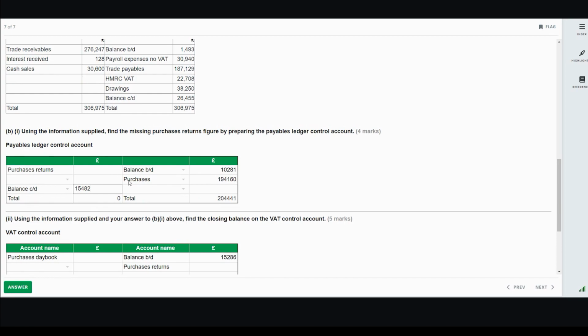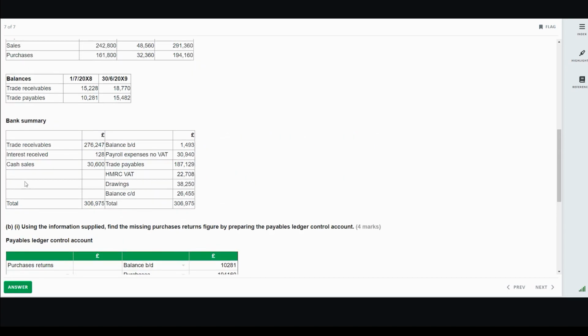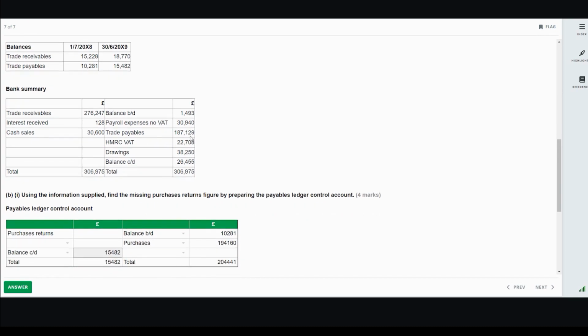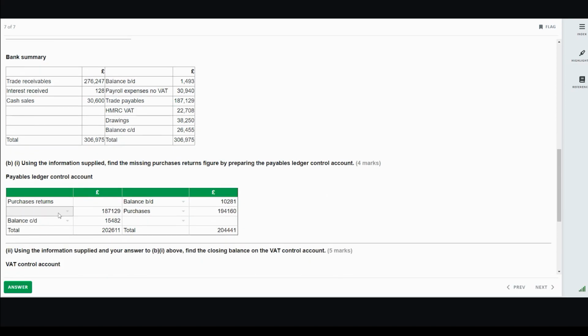So we've got opening balance, purchases. We're trying to work out the purchase return figure. We've also got some payables that we've paid, 187,129, and that's going to be bank.